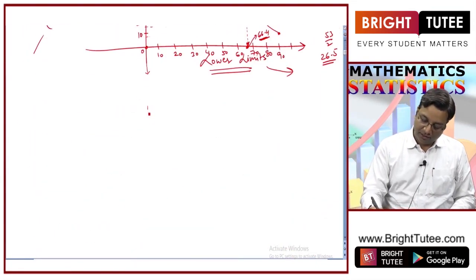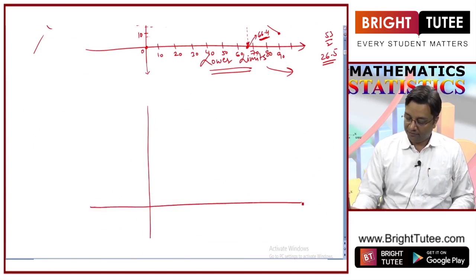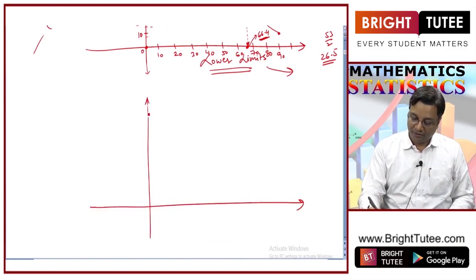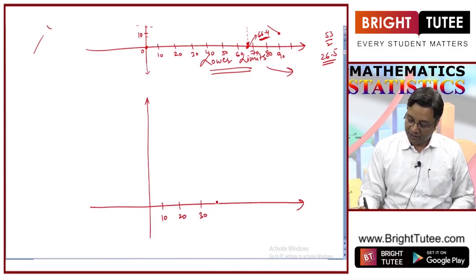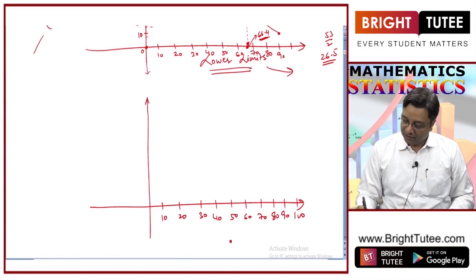Let us draw here. So, this is 10, 20, 30, 40, 50, 60, 70, 80, 90 and 100. These are my upper limits.